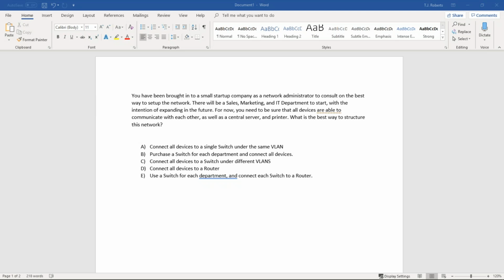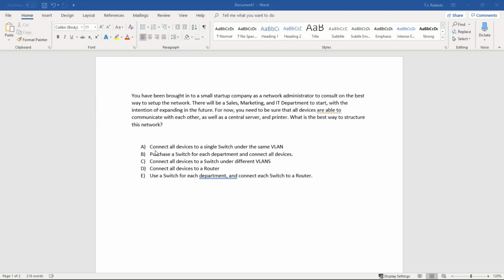Saying E because department-specific switches would keep each work group localized. It's possible to do that. It's also possible to use one switch. Okay, so let's go through these first.